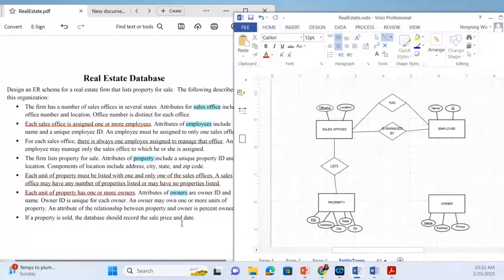Okay. Then what else? Each unit of property has one or more owners. So that means between the property and owner, we should have a relationship to capture who is the owner of a property.